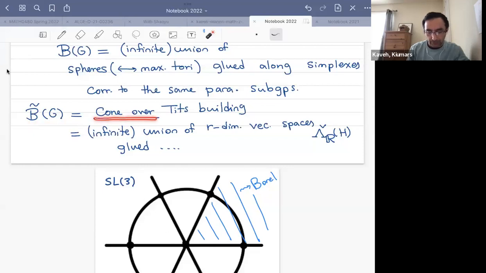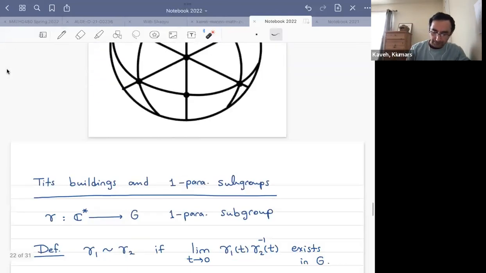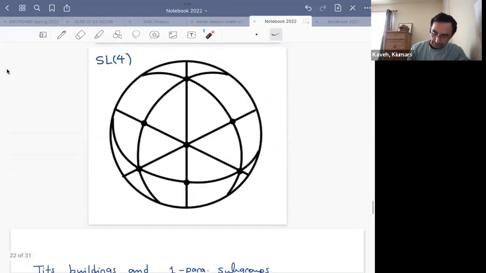We call it the cone over the Tits building. This infinite union of these vector spaces associated to co-character lattices of tori, and they glue them along common Weyl chambers. So if two Weyl chambers represent the same parabolic, we glue them.